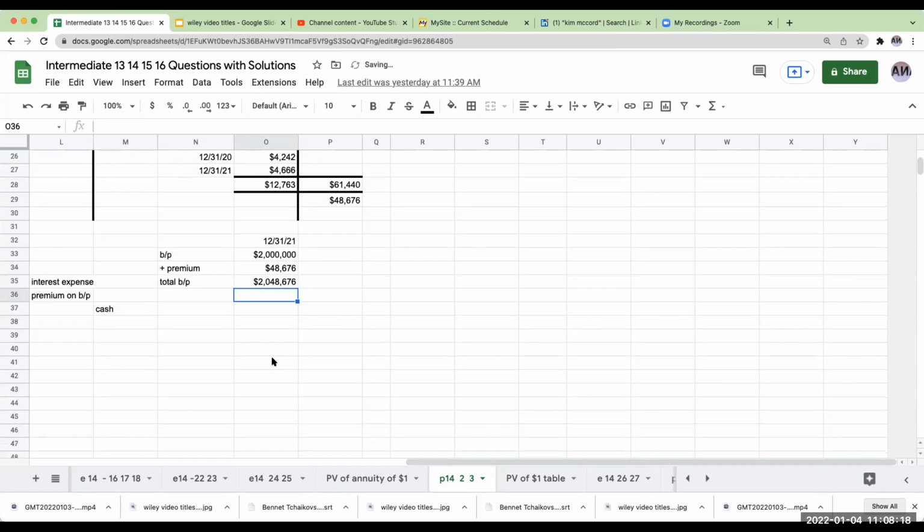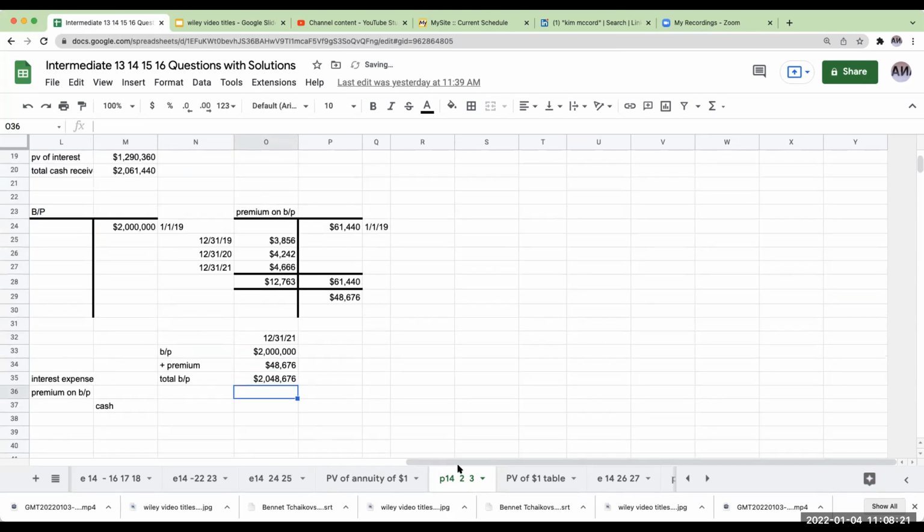Now, this is where I've gotten into trouble. What gets me crazy about this is what I'm going to try to do. So if I'm redeeming half of the bonds, could I also write these T accounts like this?